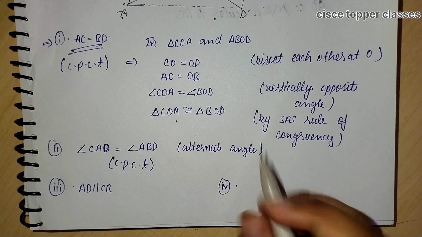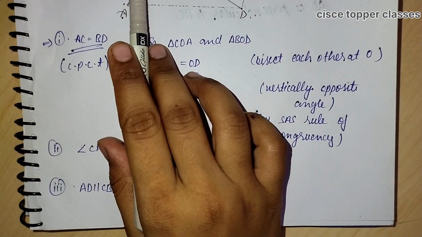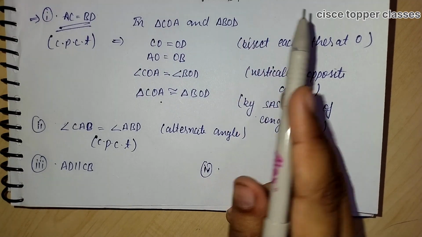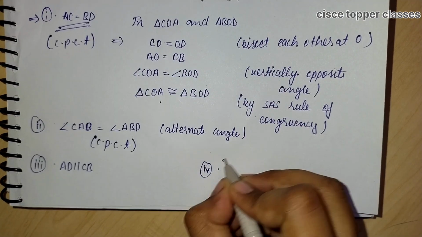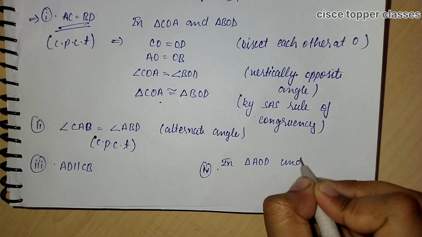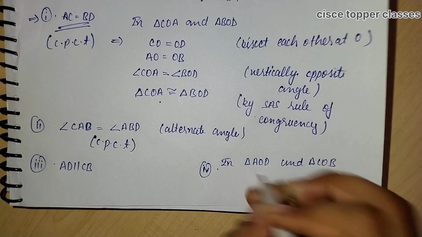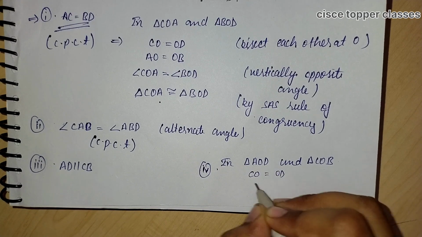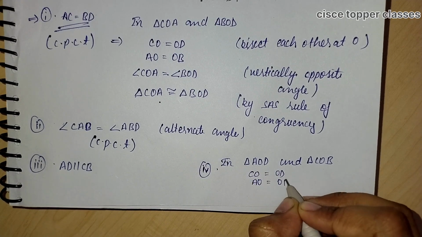Now the fourth part is AD is equal to CB. We have to prove that AD is equal to CB only. So in triangle AOD and triangle COB, we have CO is equal to OD and AO is equal to OB.